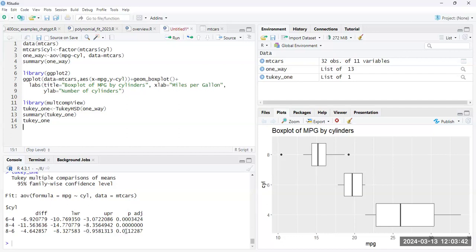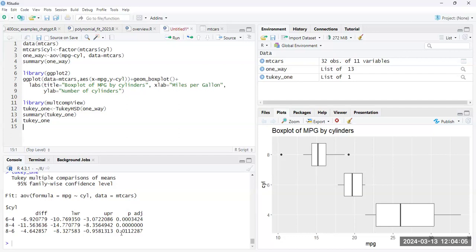And so even though this has the highest p-value, it is still statistically significant. So this will give us, again, not only the differences between the intervals, but it'll give us a confidence interval and an adjusted p-value to give us a sense of whether we can consider these statistically significant or not.